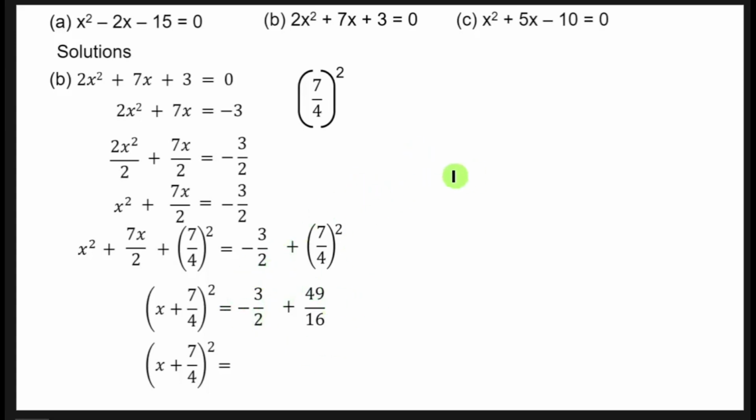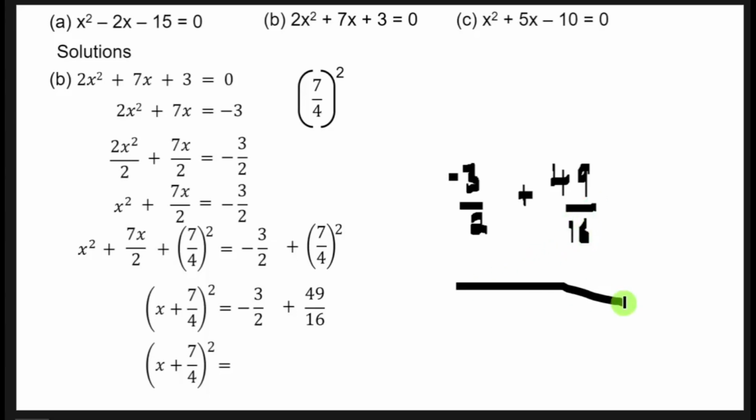So you get negative 3 over 2 plus 49 over 16. Now you look for a common denominator in which 2 and 16 can go, which is 16 itself.